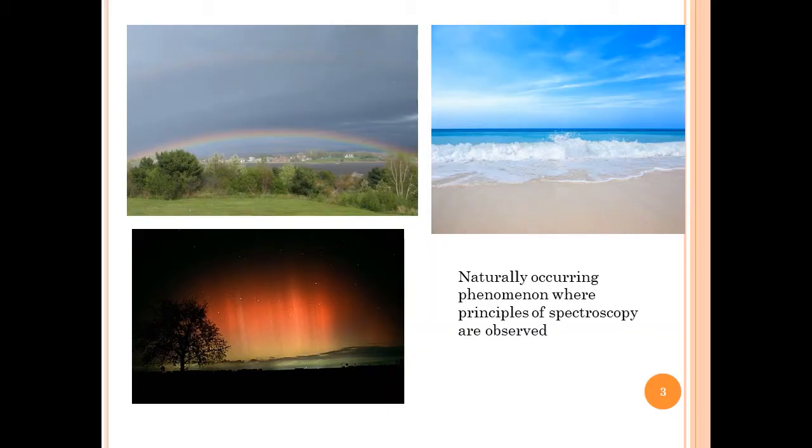The second, the appearance of sky and ocean to be blue, is what we call the Raman effect, scattering of light. And here also in the third example, due to scattering of light, we find different shades of colors in the sky in general.